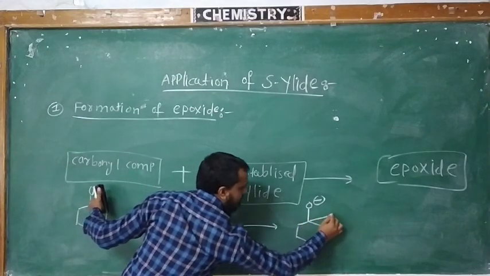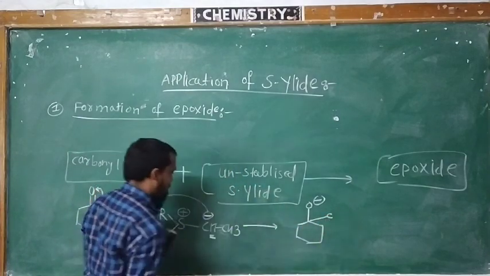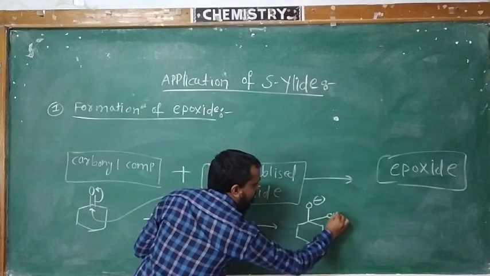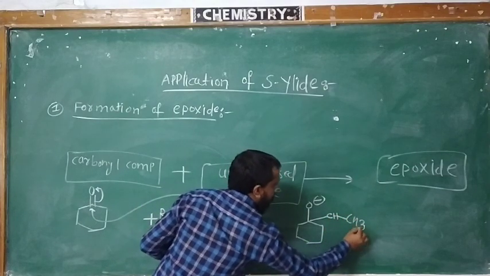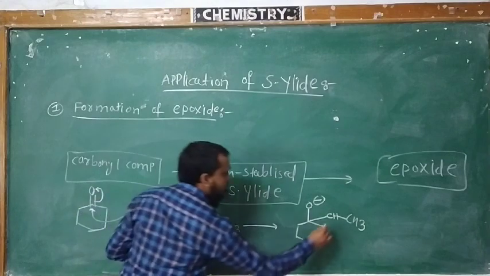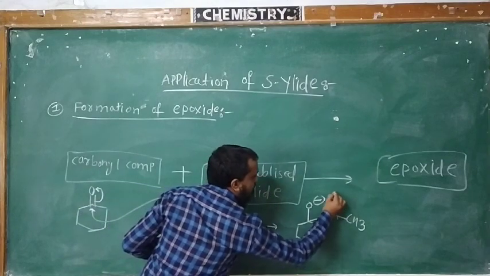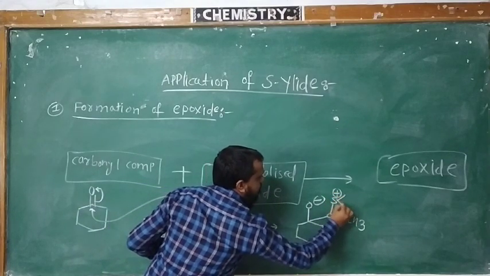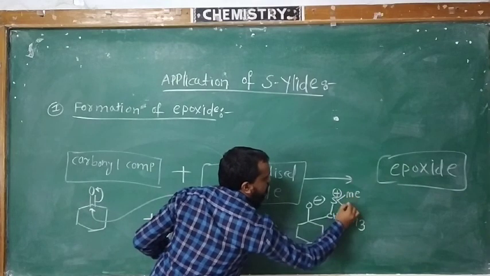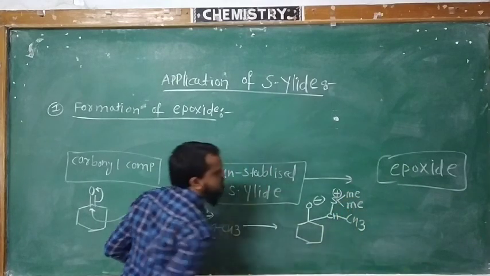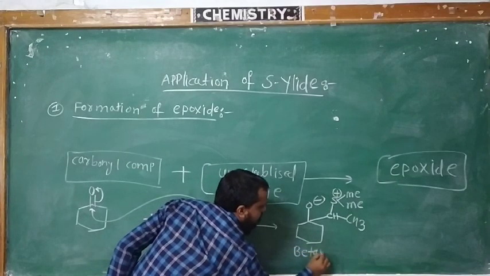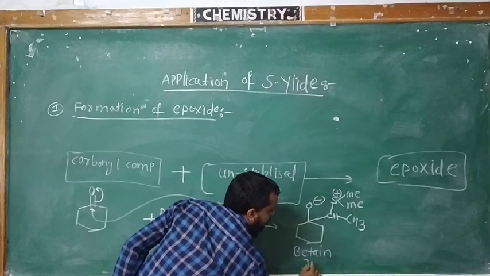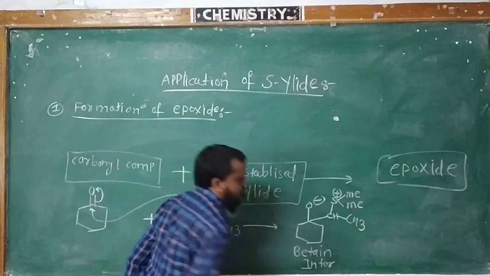This carbon has one hydrogen and one methyl group. Also it has a positive sulfur with two methyl groups. So this is our betaine intermediate. Okay.